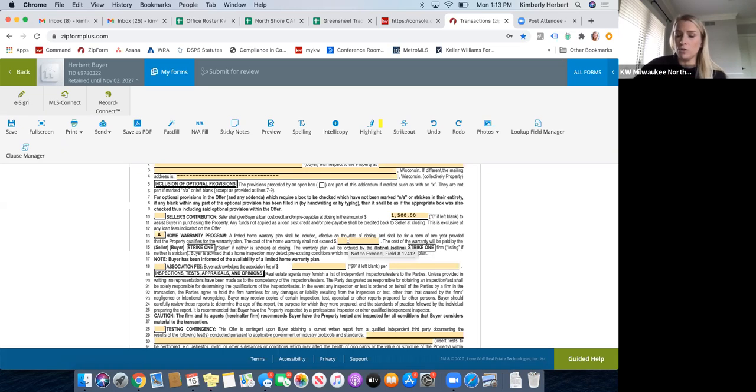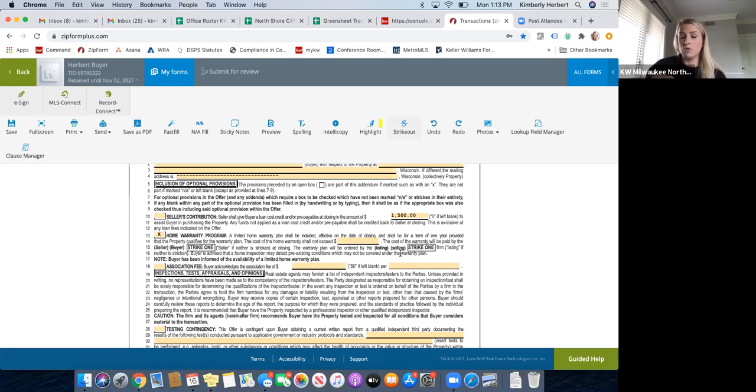Typically what you'll do, unless the seller has already ordered the home warranty, you could say the seller is going to be paying for it. So the cost of the warranty will be paid by the seller. So you would strike out buyer. And the warranty plan will be ordered by the selling agent, meaning the buyer's agent.